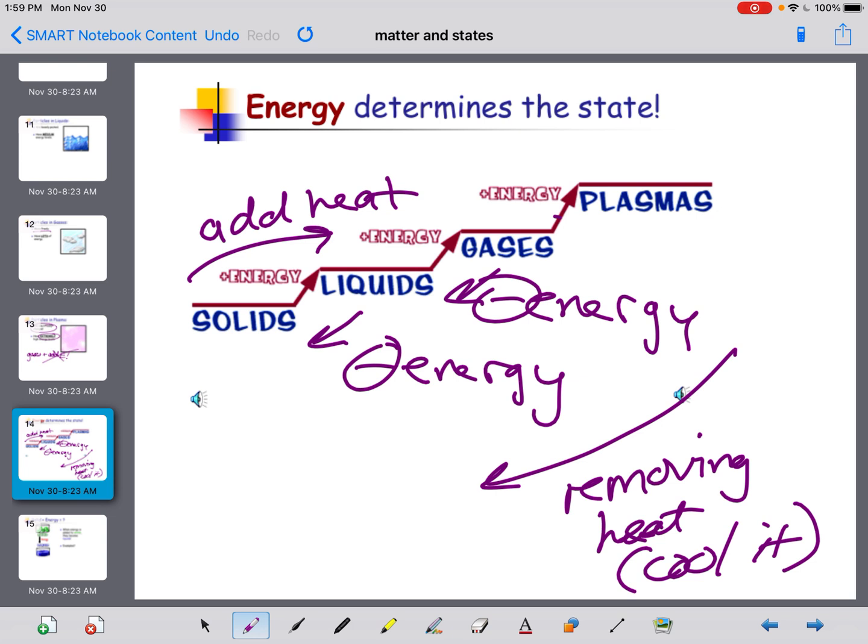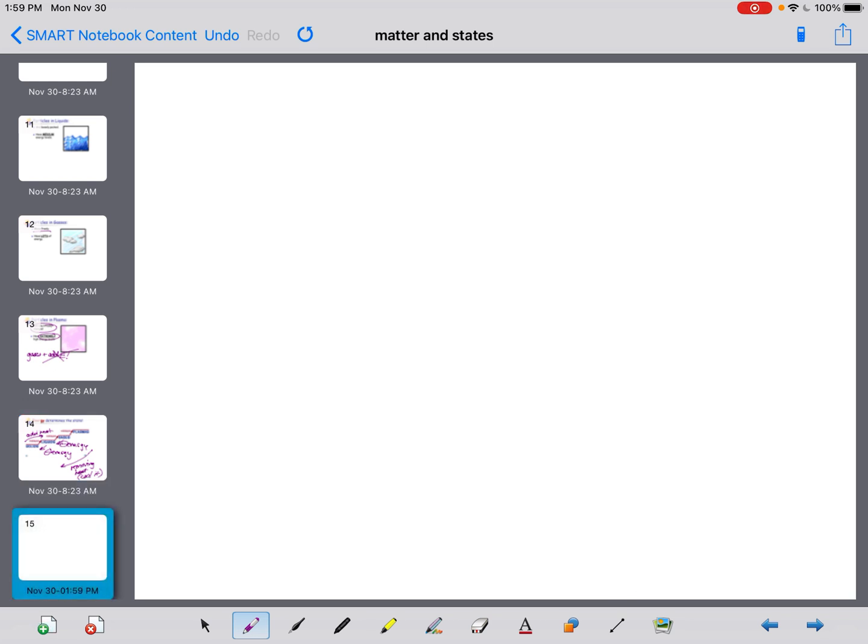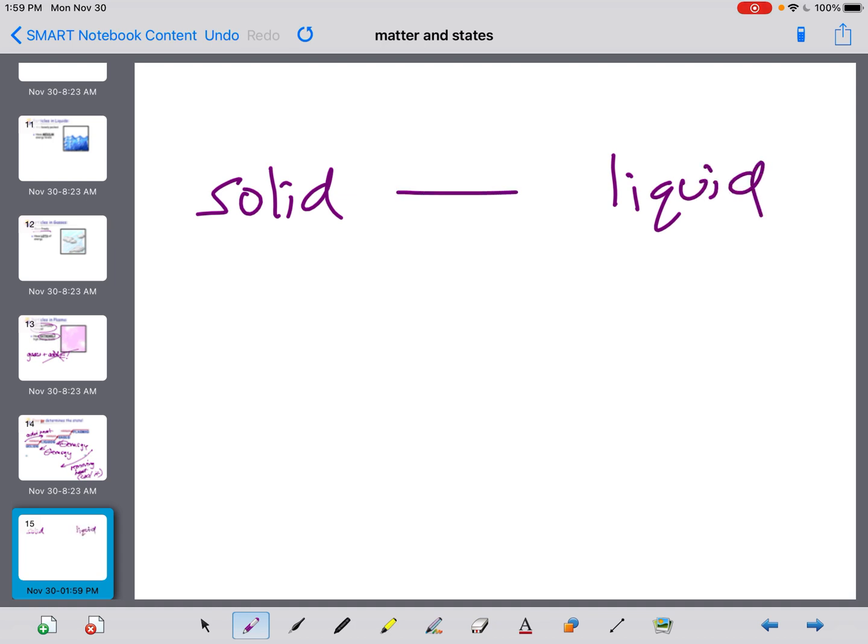Now, the point in time that we're referring to here between them is actually part of what's called a physical property of matter. In the time between solid and liquid, this transition period, this is called the melting point.